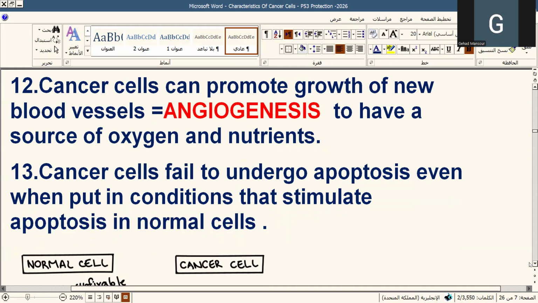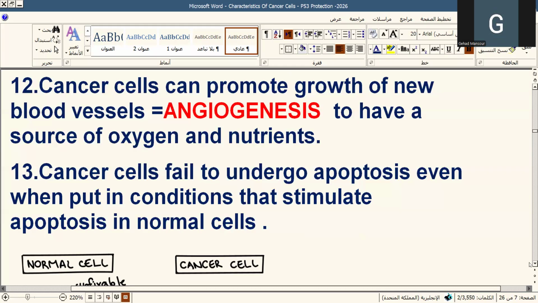So imagine a huge mass of cancer that is full of thousands of very actively dividing cells with dense nuclei, with dense chromatin. Then they need a lot of energy and a lot of nutrients. And the ordinary blood vessels of the ordinary tissues will not be sufficient for these cancer cells.